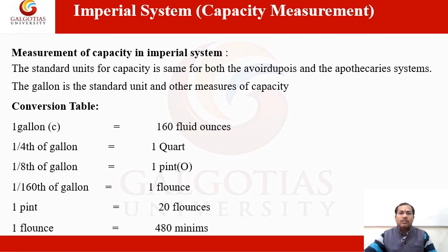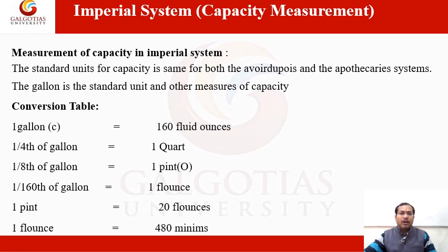While both systems are different in the unit of weight measurement, in the case of Avoirdupois system it is pound, while in the case of apothecary system the standard used to measure the mass is grain.